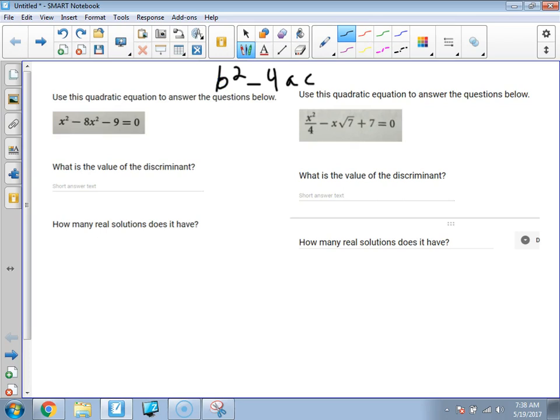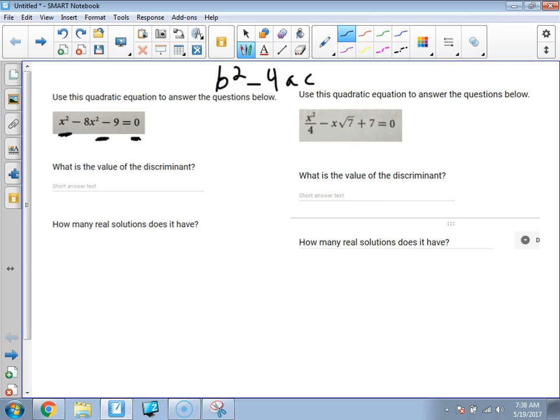You might be wondering, what is a, b, and c? You have to make sure that you have a number attached to x squared, a number attached to x, and then a number attached to no x at all.